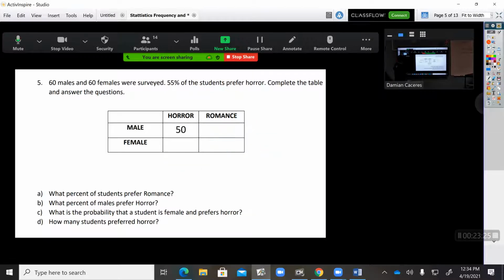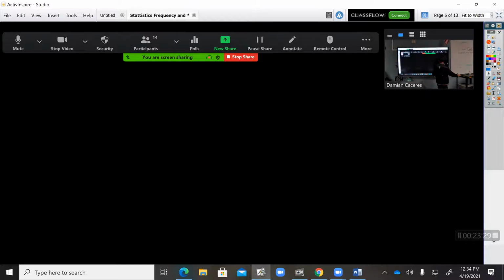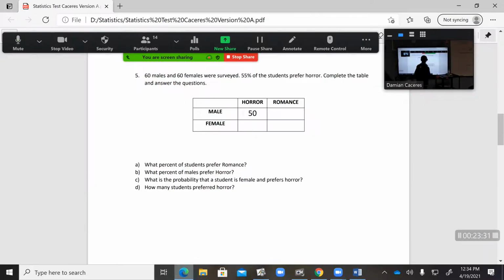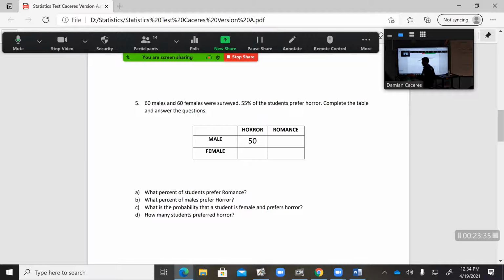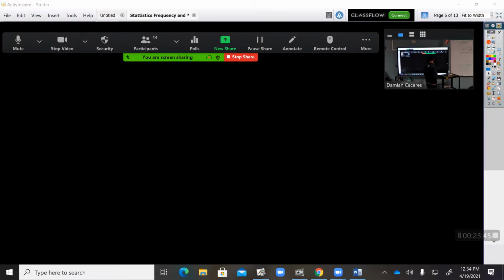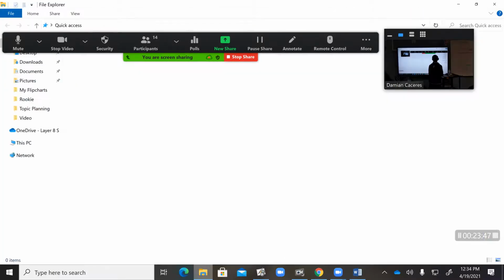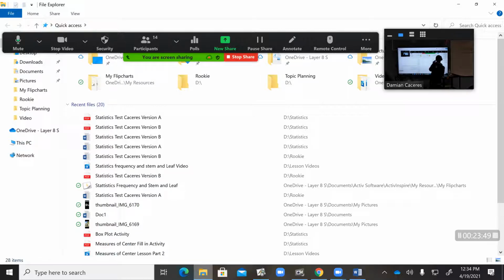Some of you guys' worksheets were mixed up. So just in case, let's update that. Yours says 50 or 45? Yours says 45, that means it's the other version. Because both worksheets are identical.